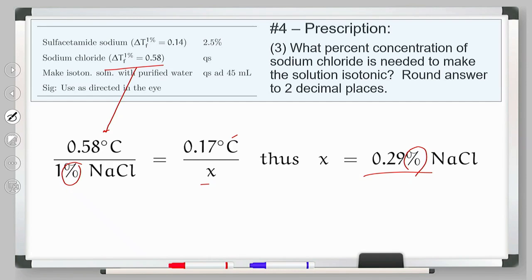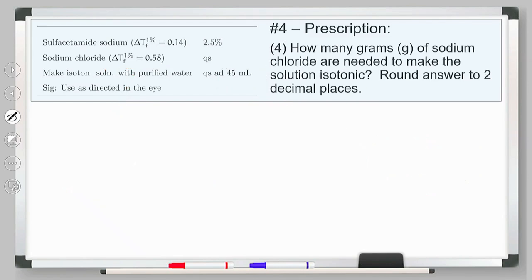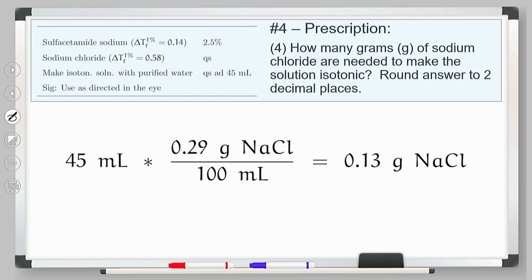So does that tell us how much sodium chloride we need? Not yet. We're one step away. Would you agree? I know my concentration. Do I know the volume that I'm making? 45 mils. So do you see where our next step is to combine those two? So to determine the actual grams of sodium chloride needed to make this solution isotonic, I have to factor in the volume I'm making times my concentration.